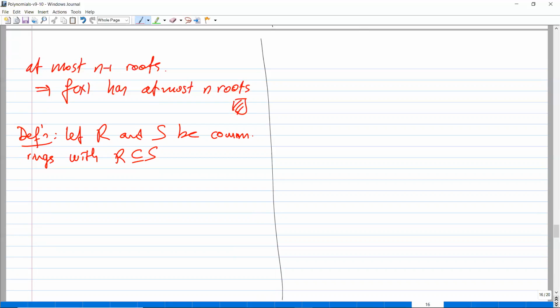And assume that they are commutative rings with 1, with the identity of R equal to the identity of S. Remember, the identity of a subring need not be the identity of the bigger ring.